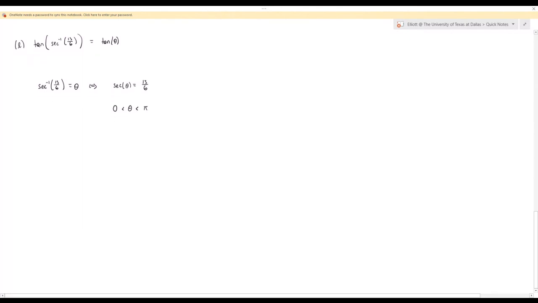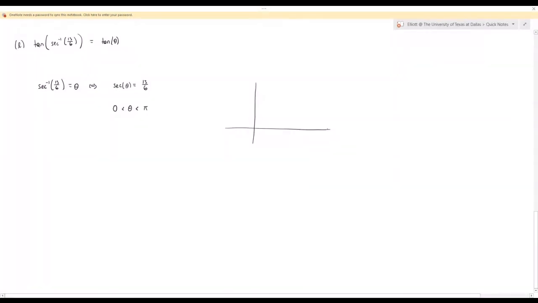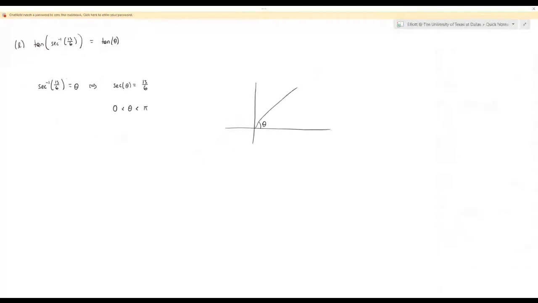So let's see here. I want to draw a picture of this. Between 0 and pi, so either in the first or the second quadrant. But since secant is positive, it has to be in the first quadrant, because that's where everything is positive. So let's draw an angle theta in the first quadrant. For inverse secant, it should be strictly between 0 and pi.